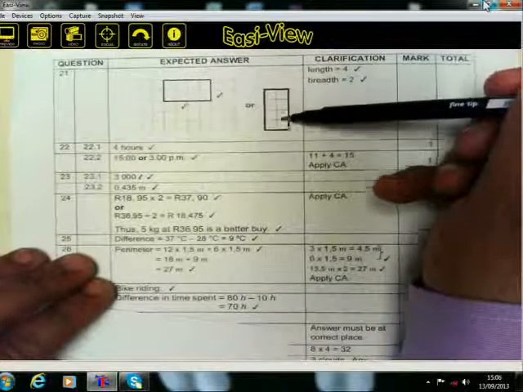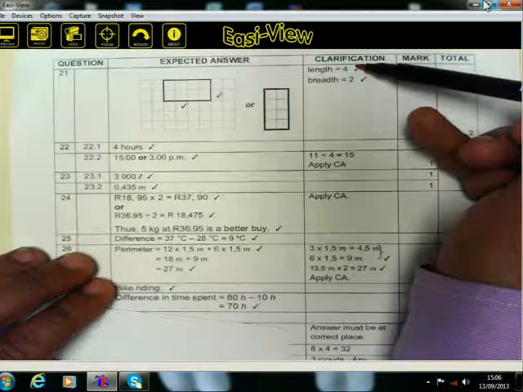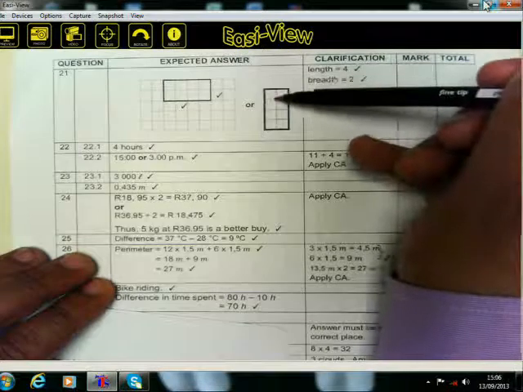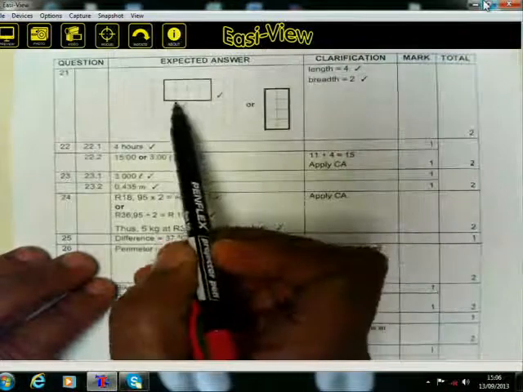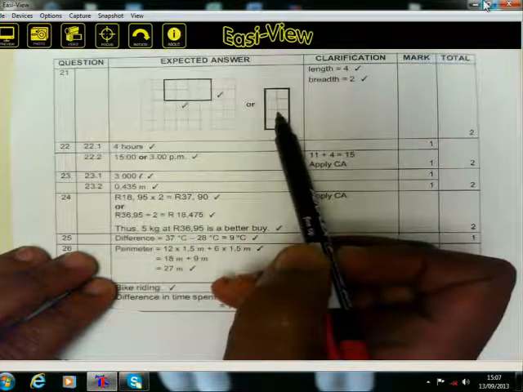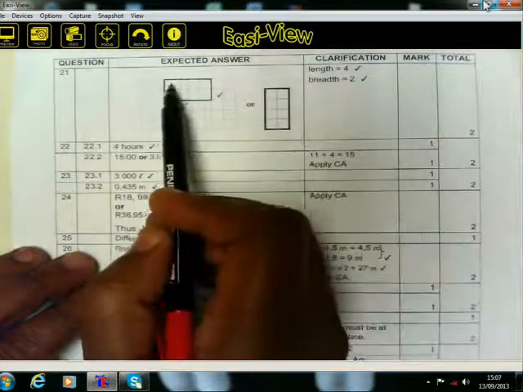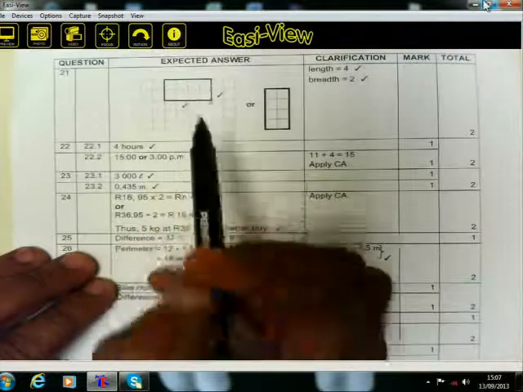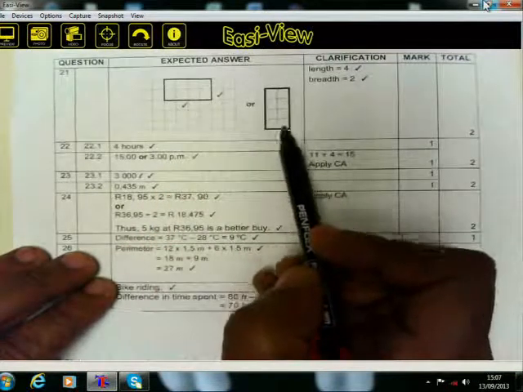This way, or any other way, as long as the length here is 4, the breadth is 2. You see, it can be either this way or this way. You read there 1, 2, 3, 4, 1, 2. That way.